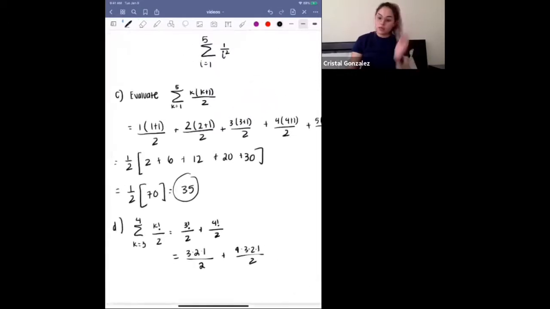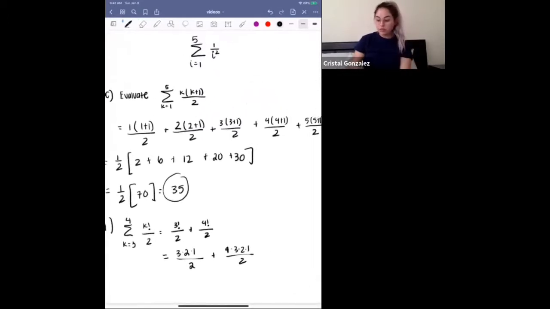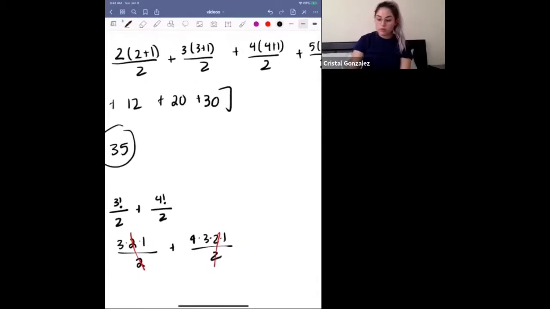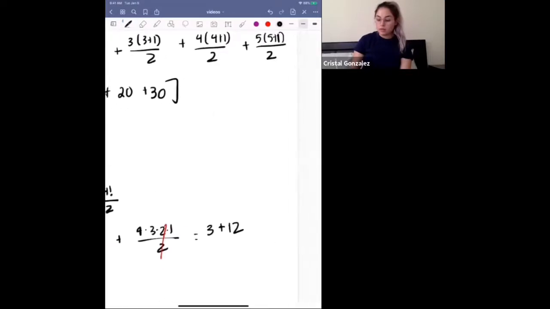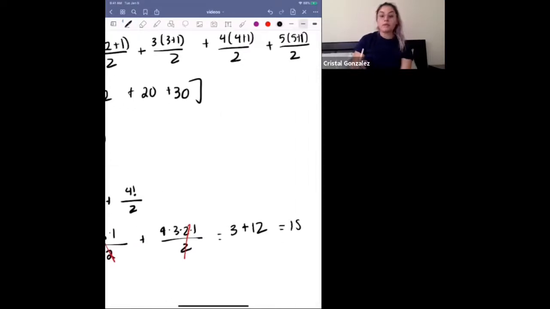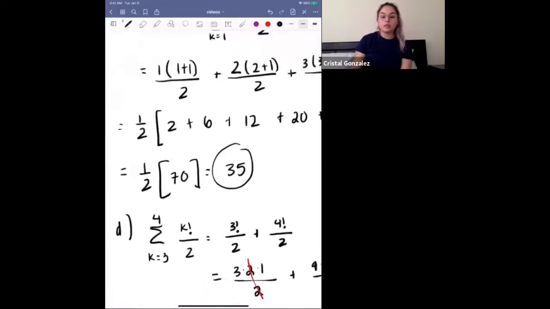We can simplify this, the 2's in common, and we'll get 3 plus 12, and so here we end up with 15. That's what we get if we evaluate this summation.